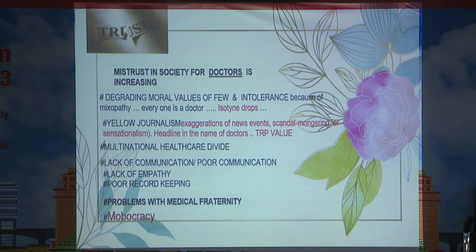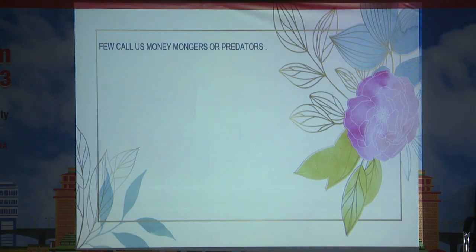Yellow journalism comes into play when we are short of records and have to defend ourselves. So that attitude of society towards the doctor has to be changed, and we have to be very much into the records.